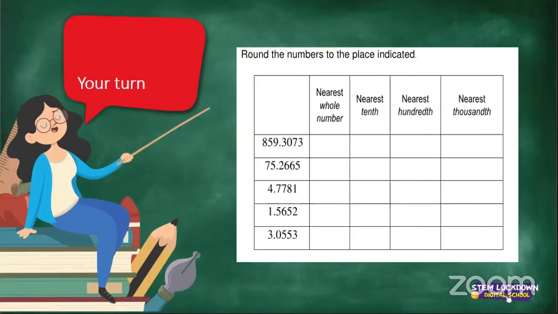Remember we said the first digit after the decimal point is the tens. So I'm not expecting to see any other number after that first digit. So the correct answer should be 859.3. That's the number that we should have there on the nearest 10.